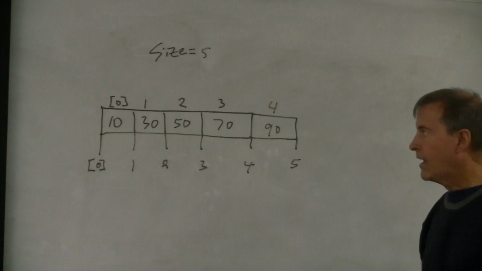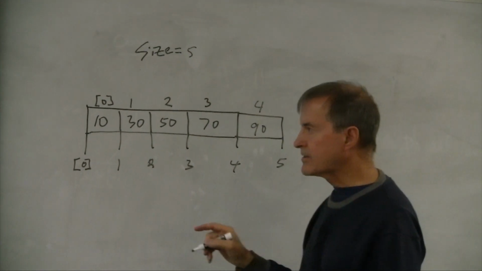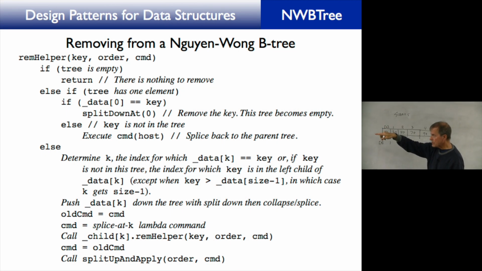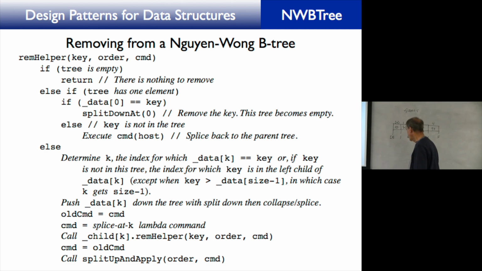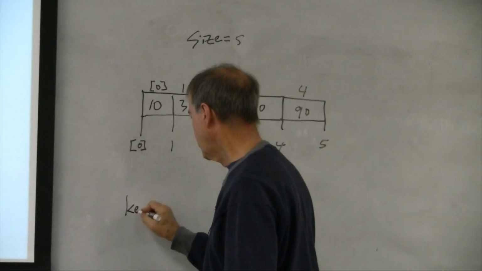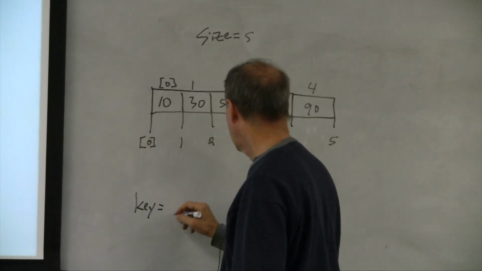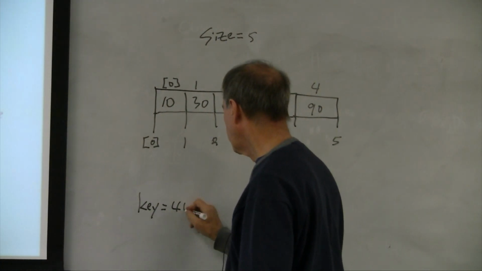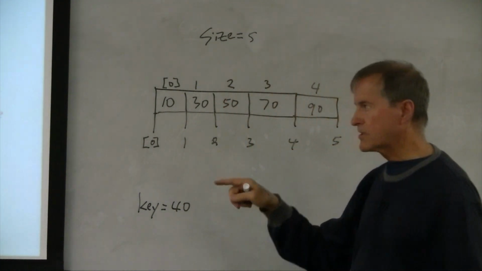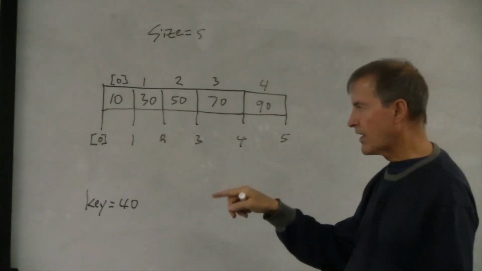Now let's suppose that when we get down to this code where it says determine k, let's suppose here that the key equals 40. Now my question is, based on that little pseudocode description, what's the value of k?